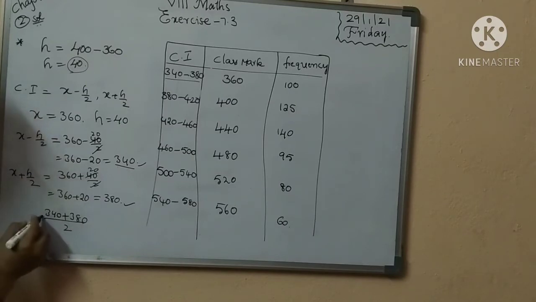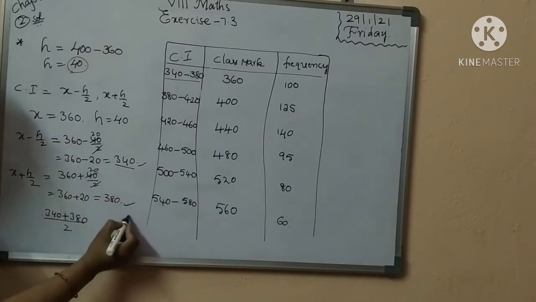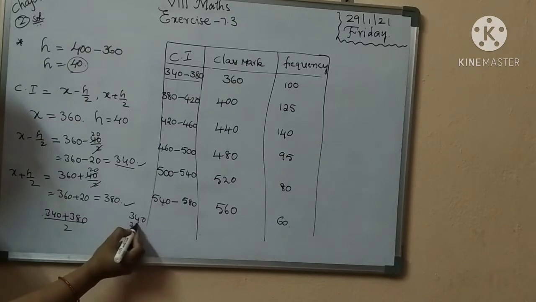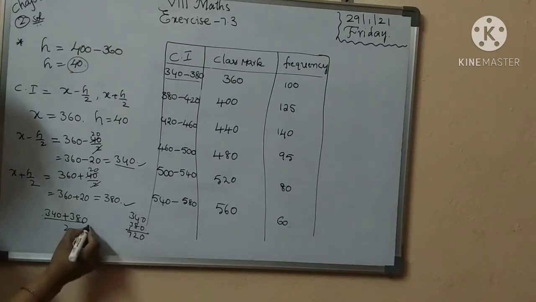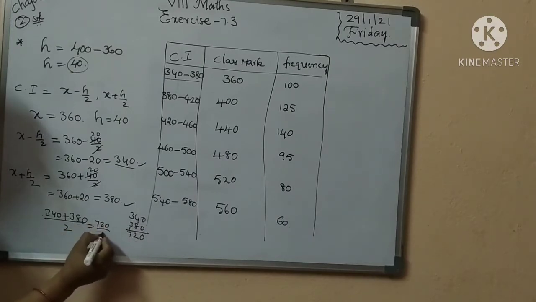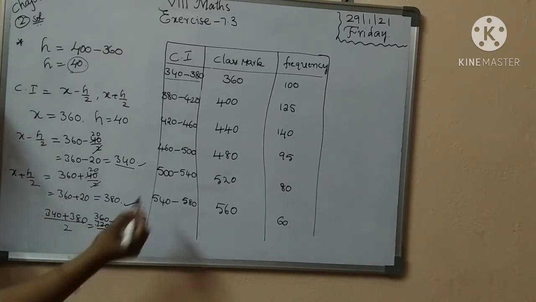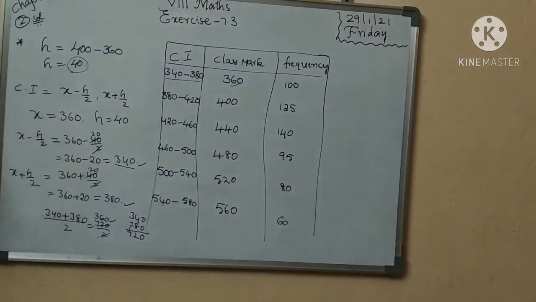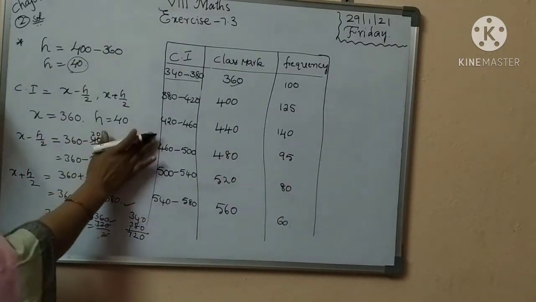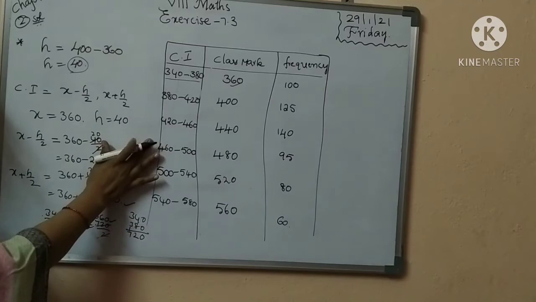Adding 340 and 380 gives 720, and 720 by 2 is 360. Yes, it is 360, so the class intervals we found are correct.